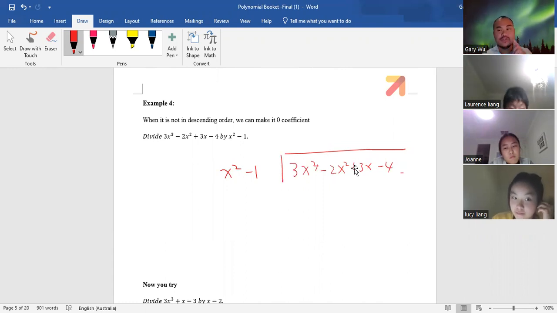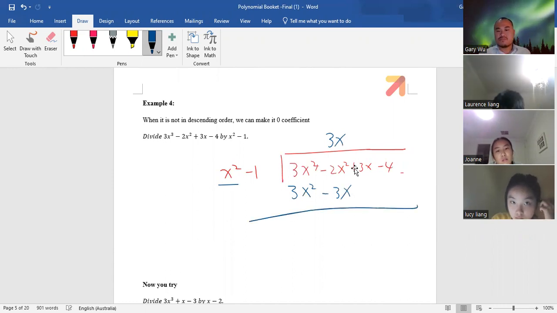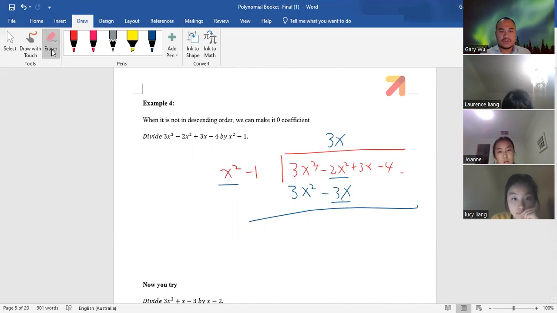Let's use what we have done just now and see if we can do it. If I want to cancel out x cubed, I would go 3x here, so 3x cubed minus 3x. Now I can't do it anymore because they are not like terms. I can't subtract them. Does it make sense? So what should I do?